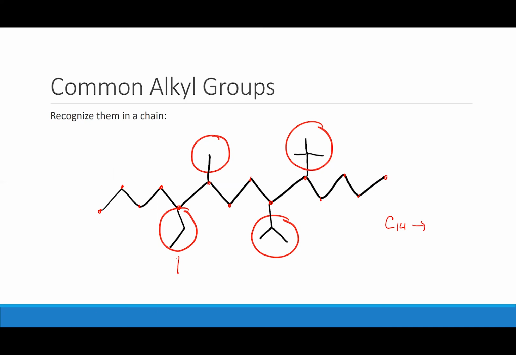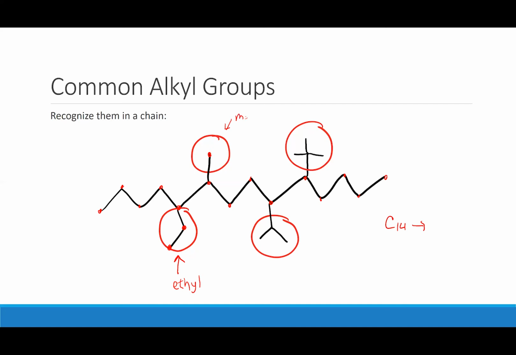This first group here, you can see, is made up of 2 carbons, and they are just a linear branch. So this would be an ethyl group. This second group here is just made up of 1 carbon.